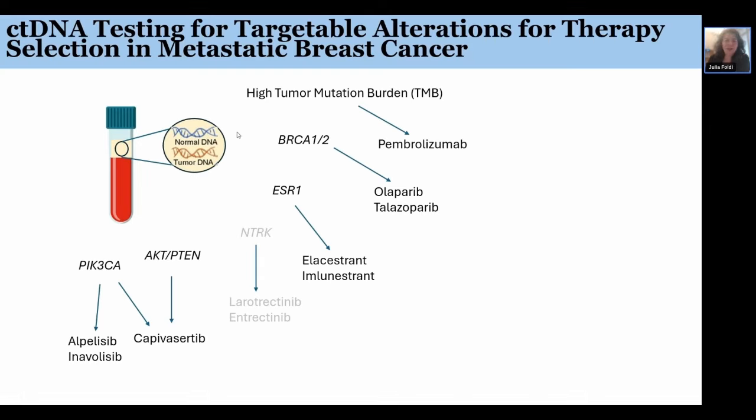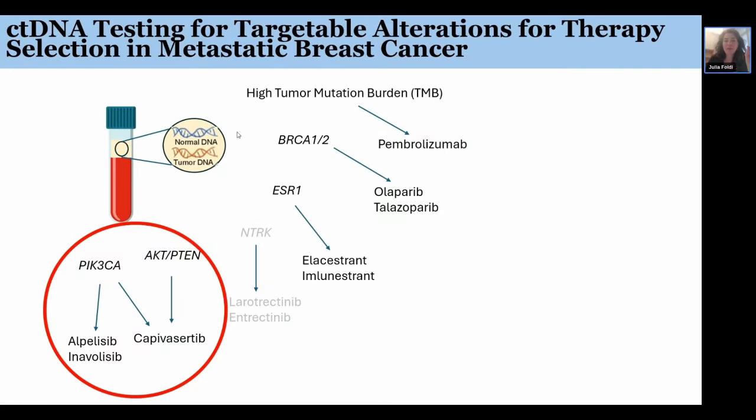And I'm showing here a number of different mutations or alterations that have specific approved targeted drugs available. And in breast cancer specifically, PIK3CA, which is a gene that encodes for a protein called PI3 kinase, has several inhibitors.